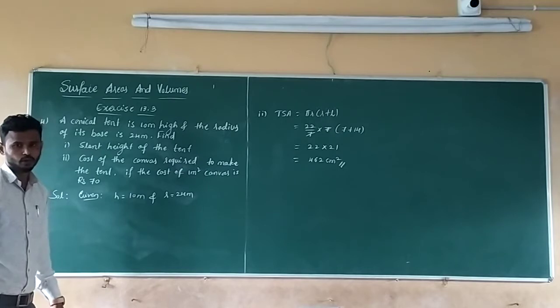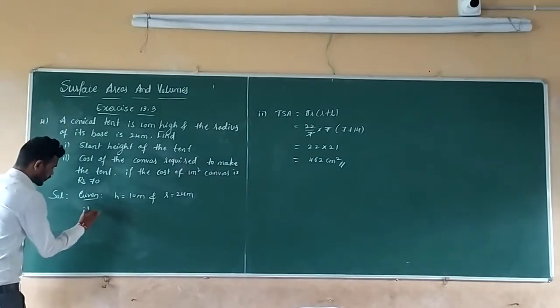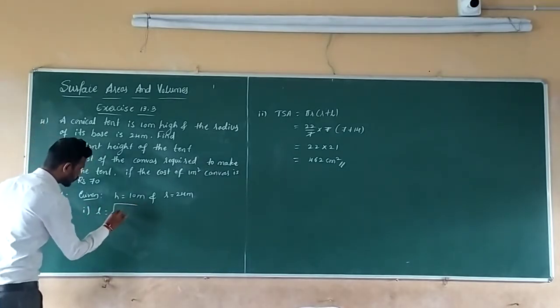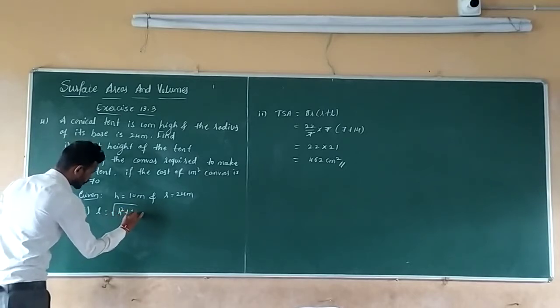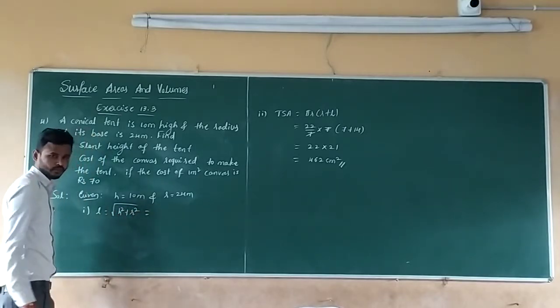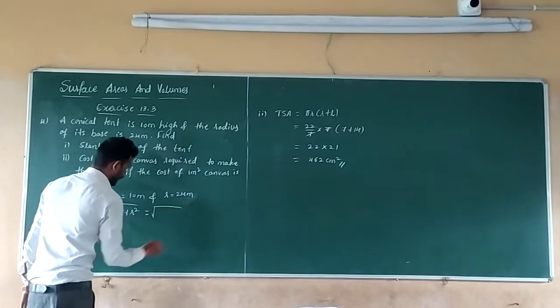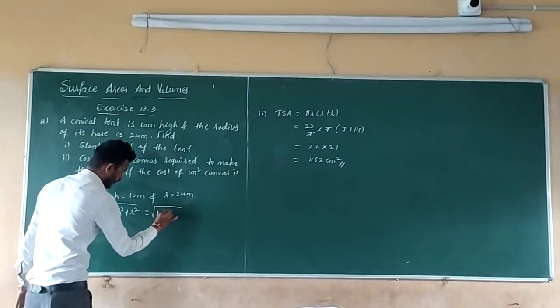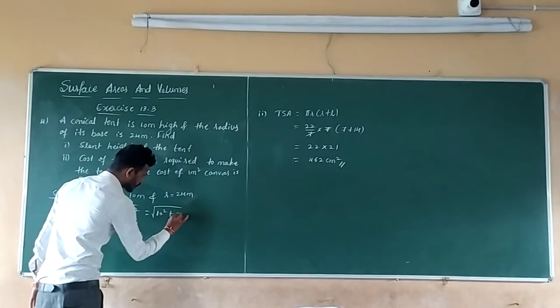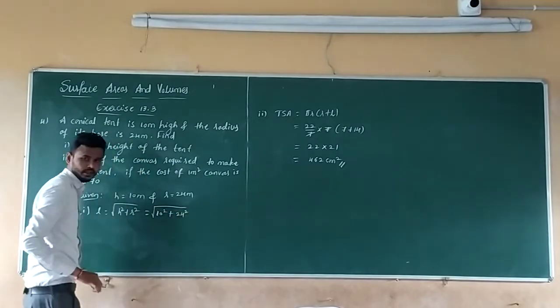You know the slant height formula. What is that? l is equal to root of h square plus r square. Here h is 10 square plus r is 24 square.